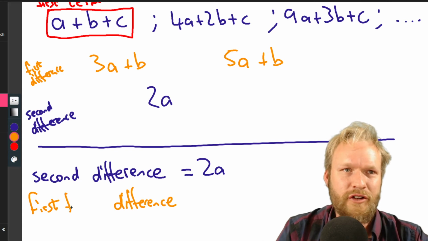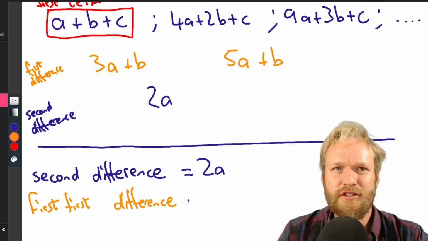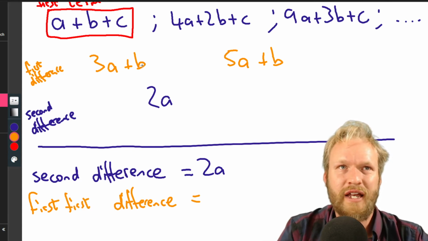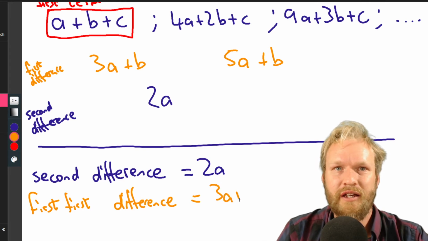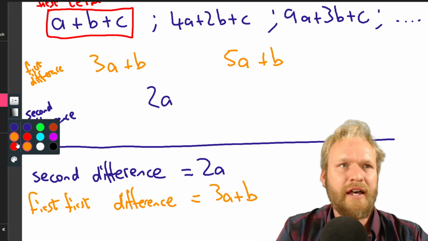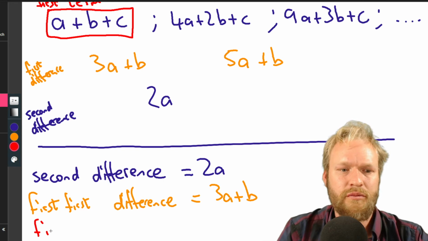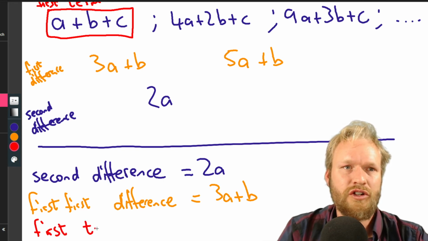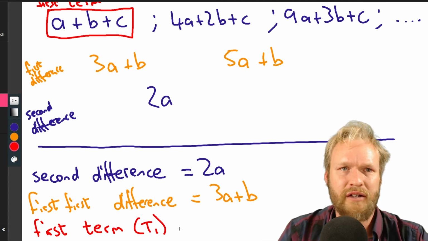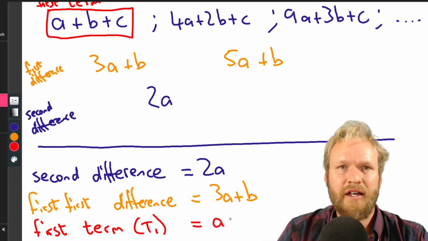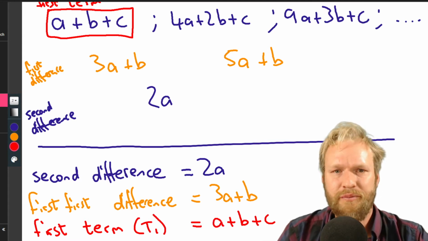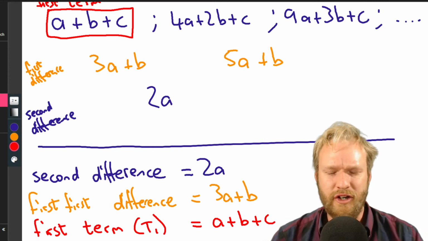But our first difference is going to be 3a plus b. And our first term, remember, that's just T1, is a plus b plus c. So those are three take-homes from our general case.